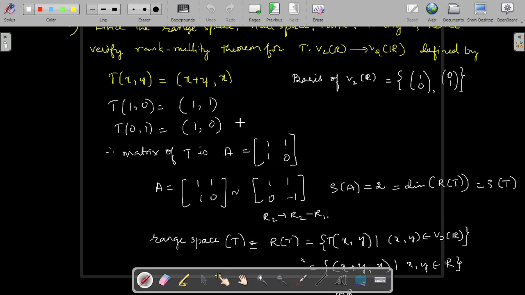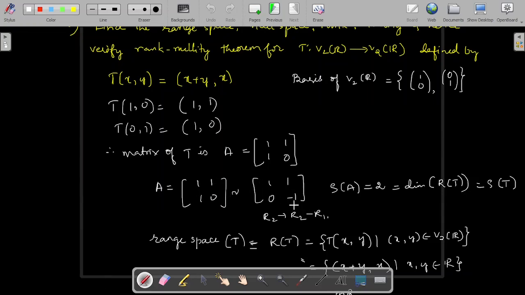The rank of the matrix of T and the rank of T will be the same. So what we will do is, I will find out the rank of the matrix A. So [1 1; 1 0], the first non-zero entry of the first row is 1, below which it should be 0. You have to make it 0 by applying the operation R2 minus R1. So 1 1, 1 minus 1 is 0, 0 minus 1 is minus 1.